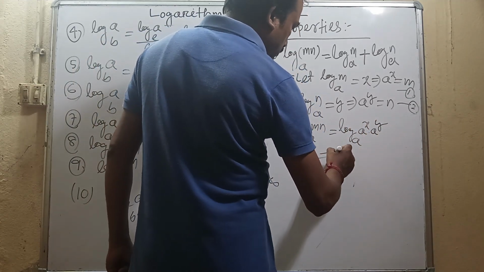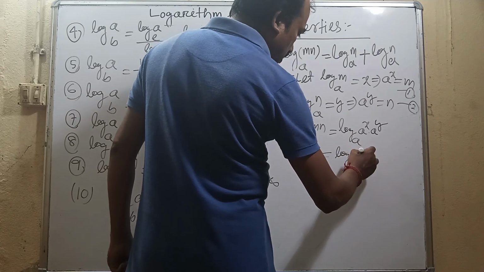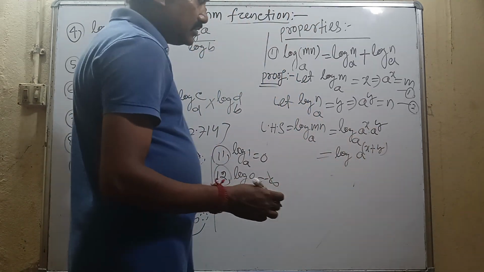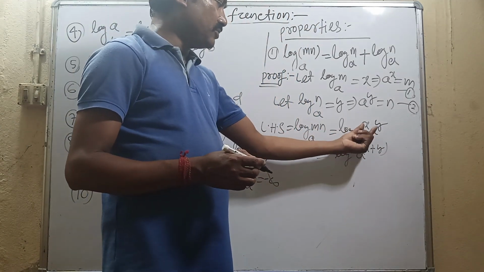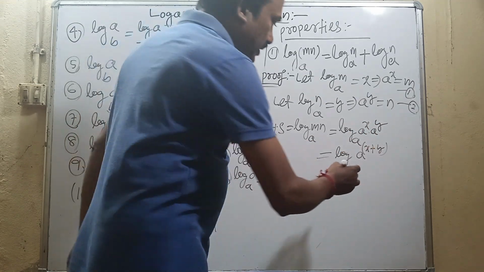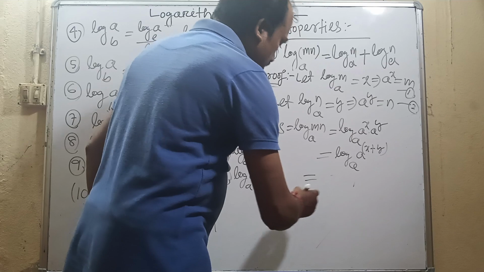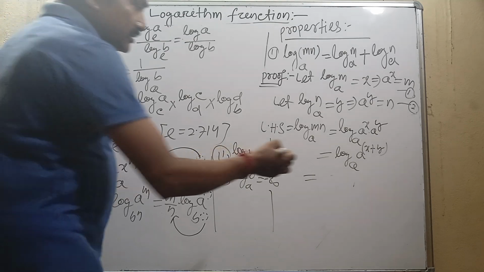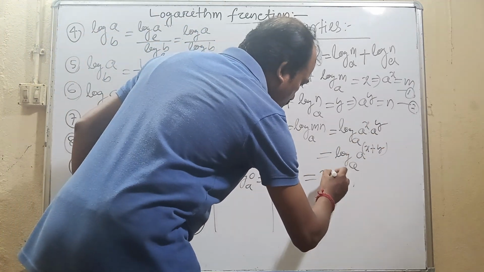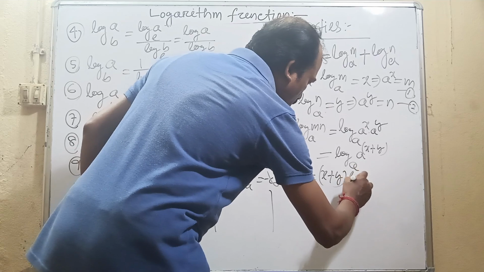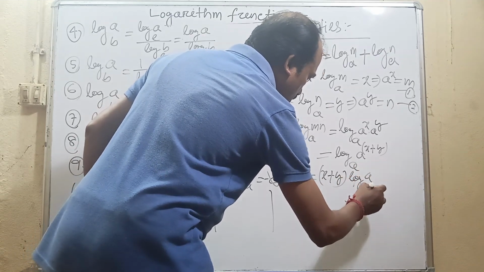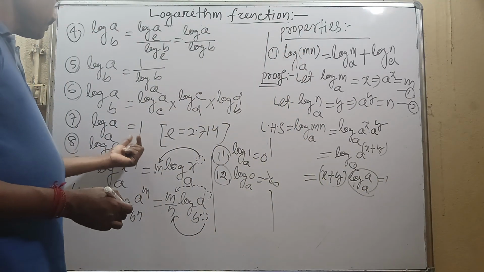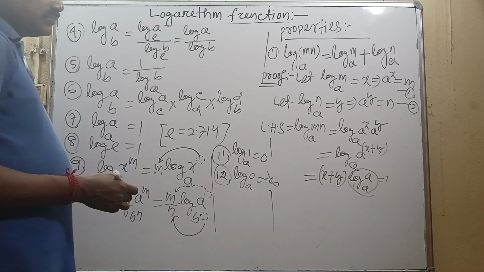So this equals log a to the power x plus y base a, because the base is the same, a into a, so the powers are added: x plus y. Then using property number 9, you can take the power outside the logarithm: x plus y times log a base a. According to the properties, this value is 1, since the number and base are the same.